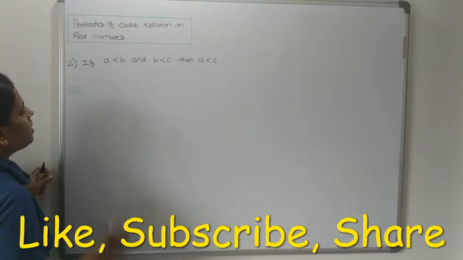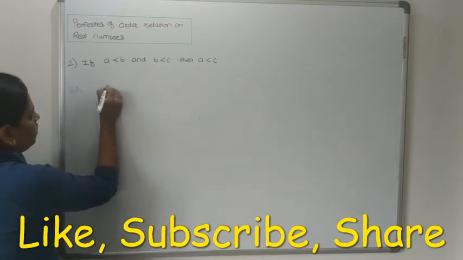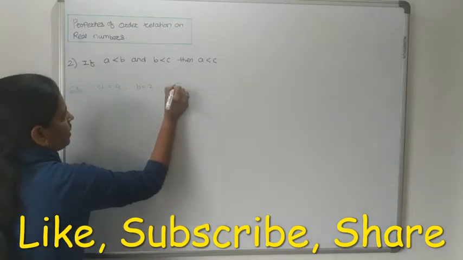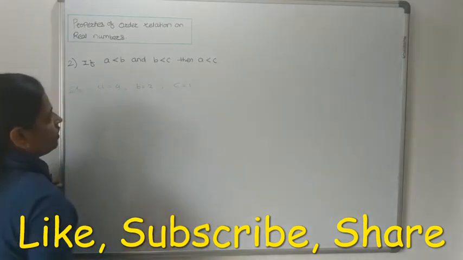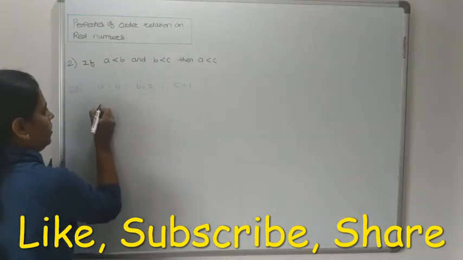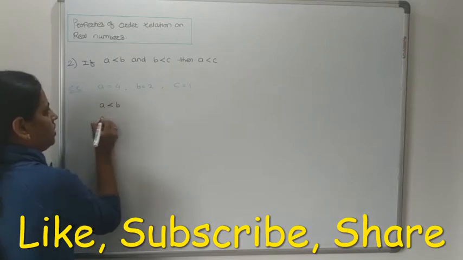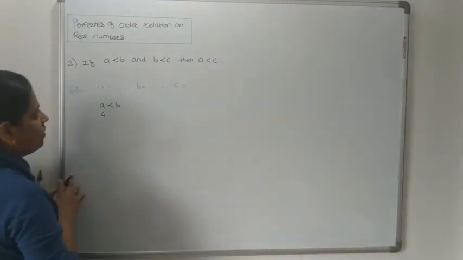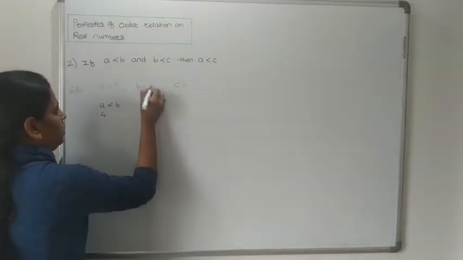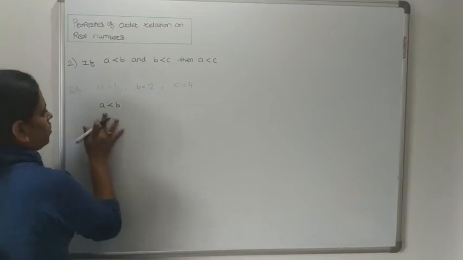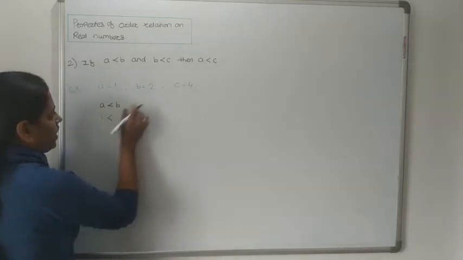Suppose A is equal to 4, B is equal to 2 and C is equal to 1. Listen here, you have to change the values. Suppose 1, 2 and 4 are there. Clear? So what is the value of A? 1. 1 is less than 2.